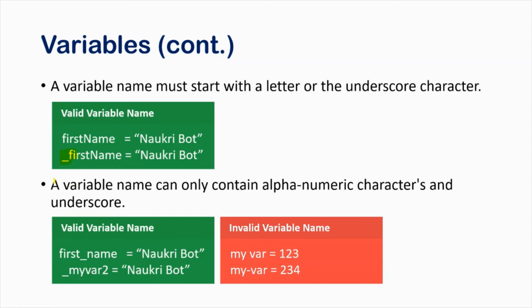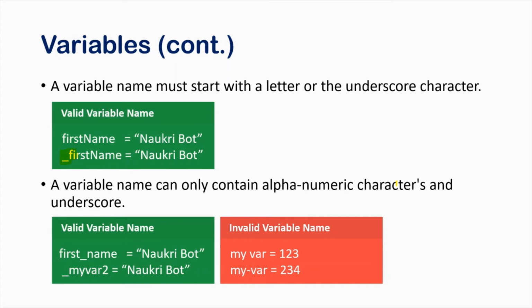Okay, next point is, a variable name can only contain alphanumeric characters. So we can create a variable with alphabetic and numeric characters. But one more thing we need to remember, the variable name will never start with a number.